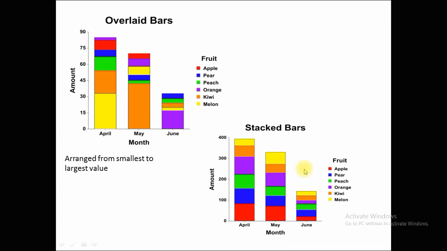Now this is the stacked bar. In this stacked bar we can put the bar for each quantity according to the given series in the table. Since in the table the first quantity is the fruit apple, so put the bar for apple at the bottom.